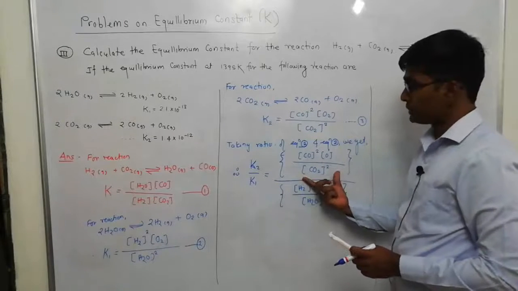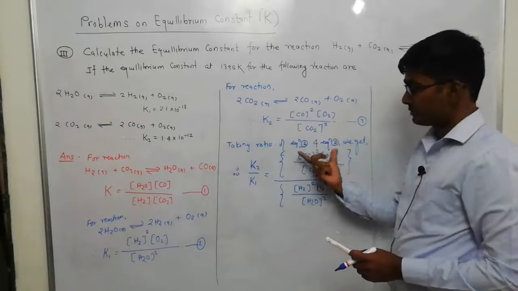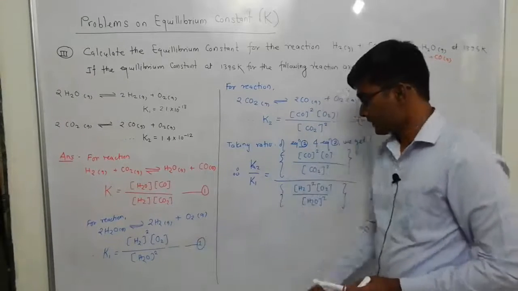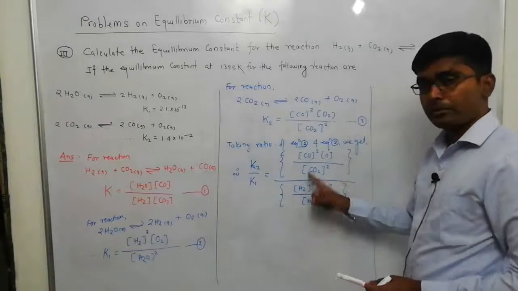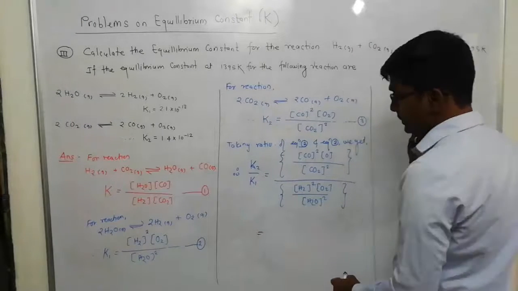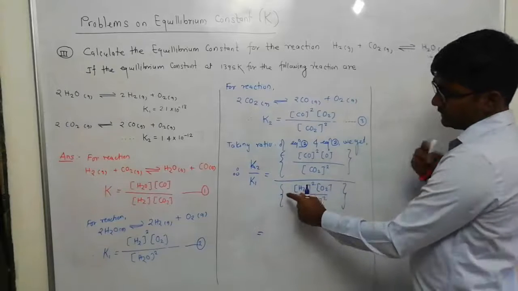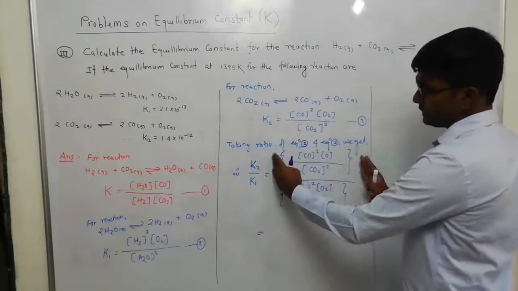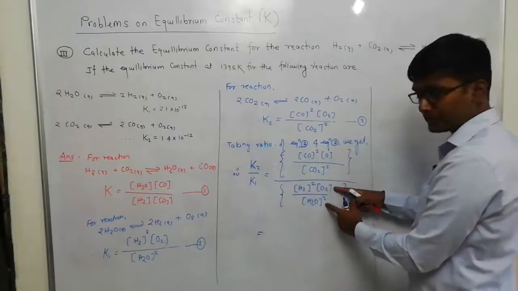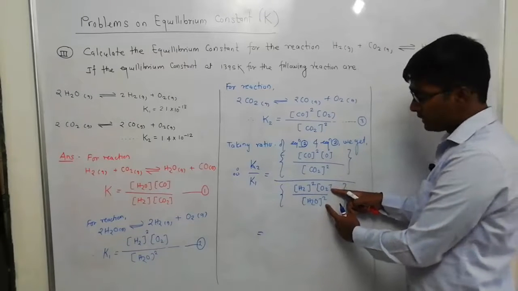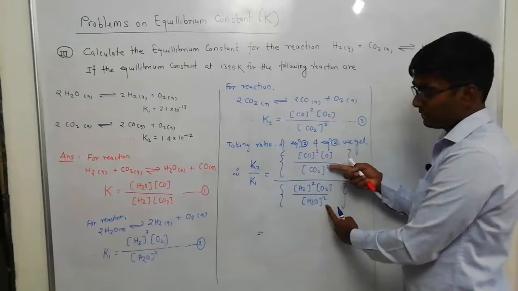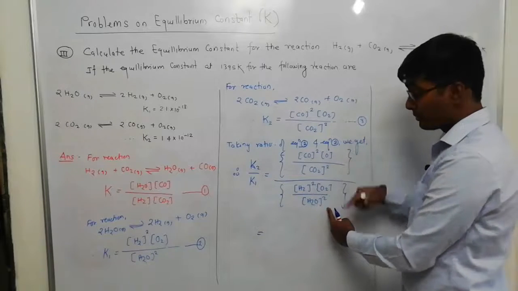Just put the value of K2 here and K1 here. Now let us simplify this equation. The whole lower term is the denominator and this is the numerator. In this denominator, this is the numerator and this is the denominator. So the denominator of the denominator is a numerator. Remember this.